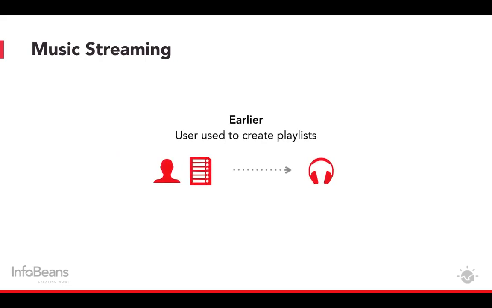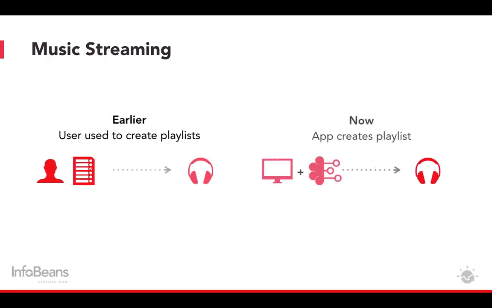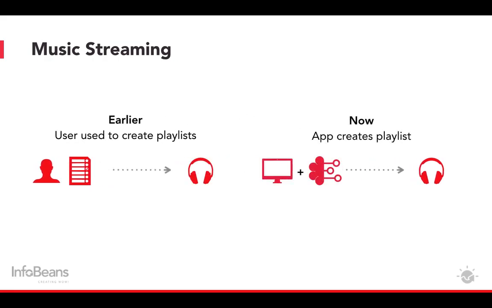Earlier, users used to create their own playlists based on their interest, based on their mood, and mostly there were different playlists for different occasions. Now the era has changed. The streaming app creates the playlist for us.